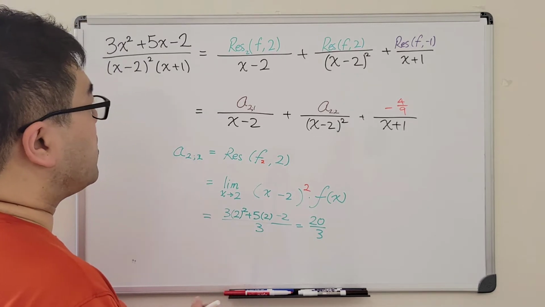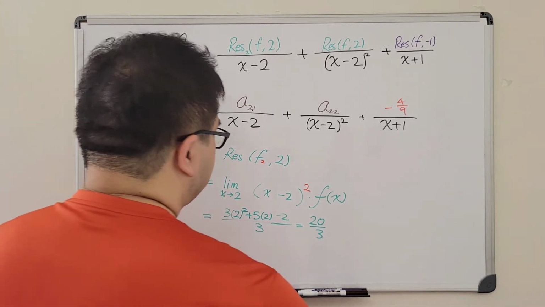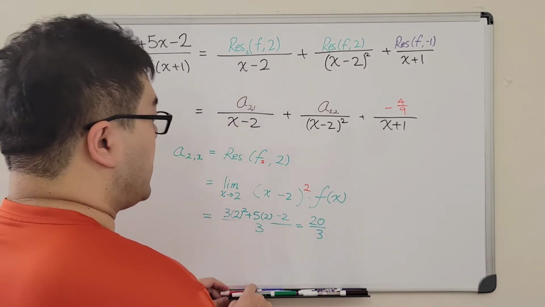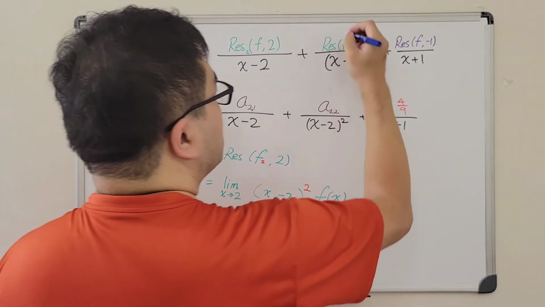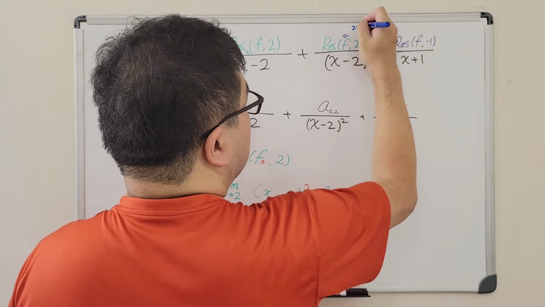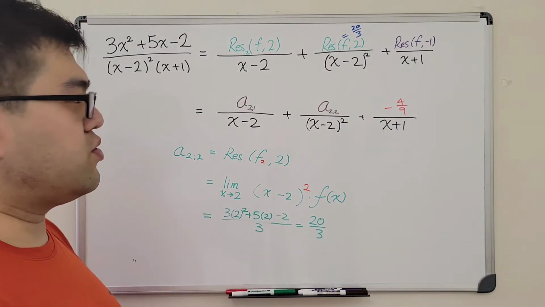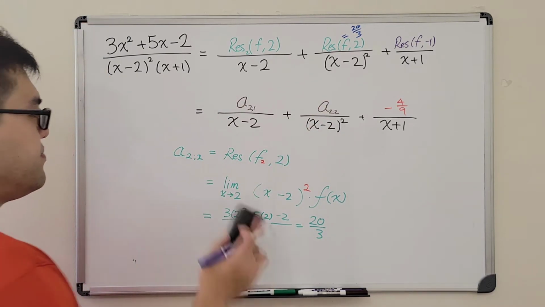Now, what if we want to find the first one? How is it going to change? This is what we're going to get. And let me write down this answer on top first, so that we won't forget. This is equal to 20 over 3. And you can check whether it's correct or not by going back to my old video and seeing if it matches.